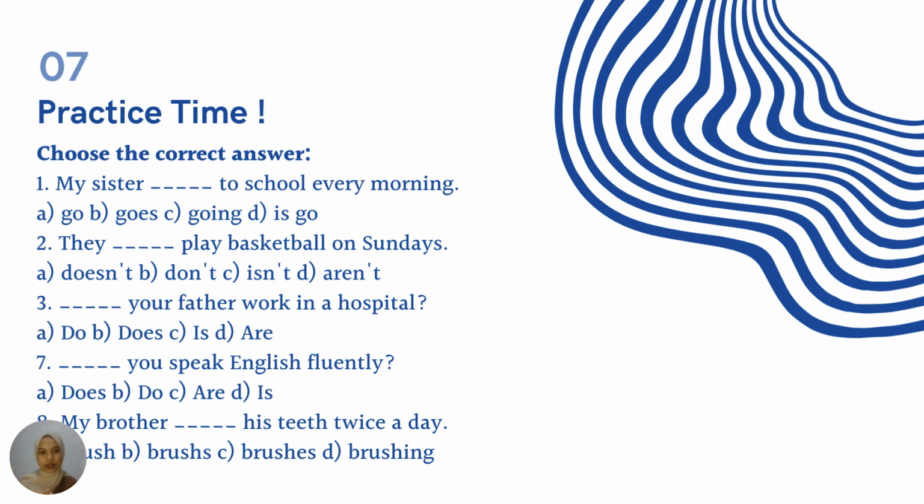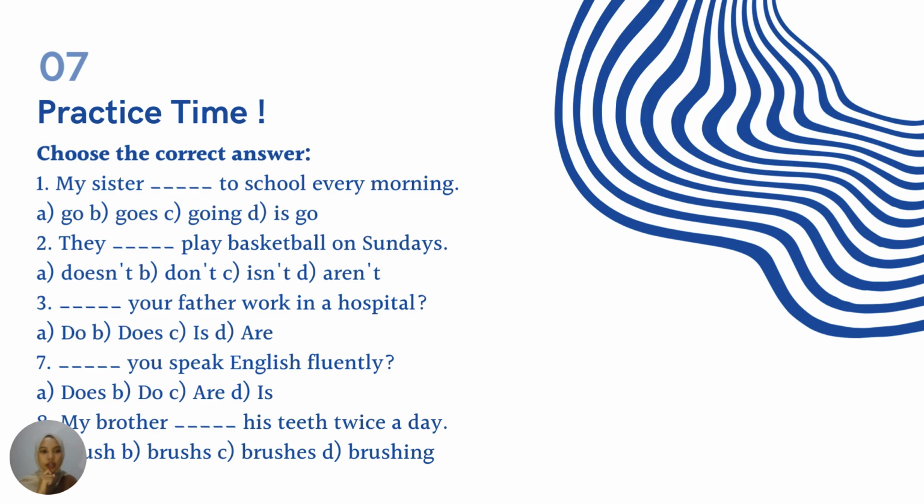My sister, she. The subject is she, right? So for she, we add s or es. And then for go, it's add es. So the correct answer is B, goes. My sister goes to school every day.